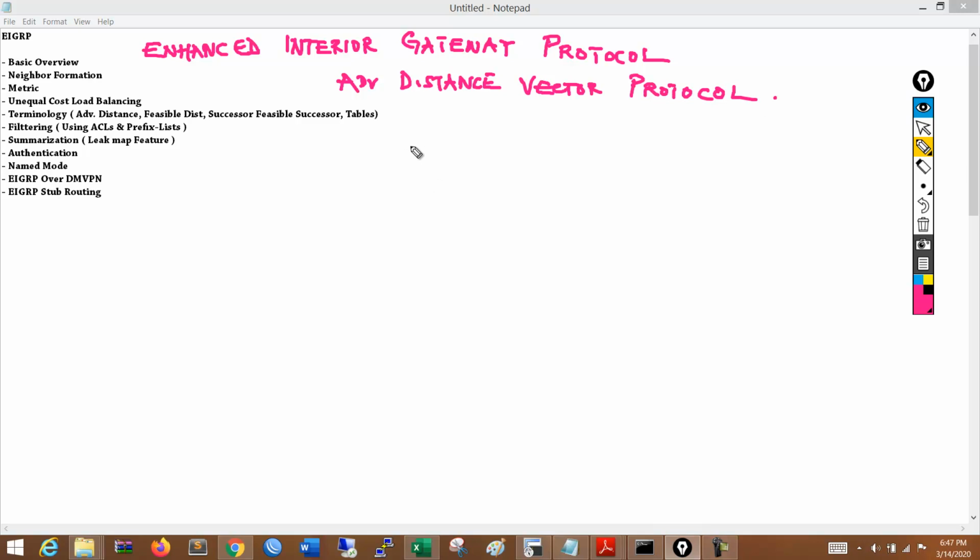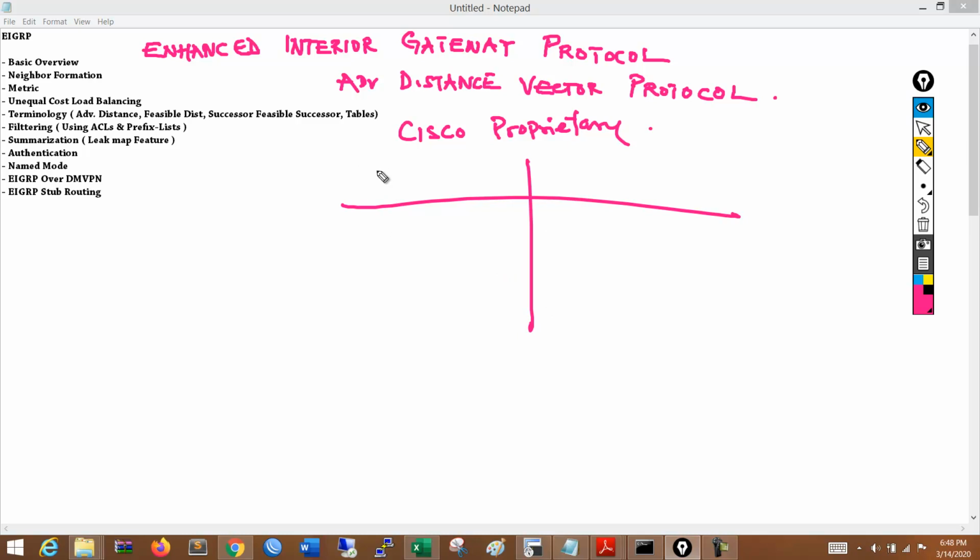First off, EIGRP is a largely Cisco proprietary protocol, although Cisco has released the code for EIGRP for other vendors to implement, but even up till now it is still considered Cisco proprietary by almost everyone. So there are two types of routing protocols for IGPs, that's interior gateway protocols.